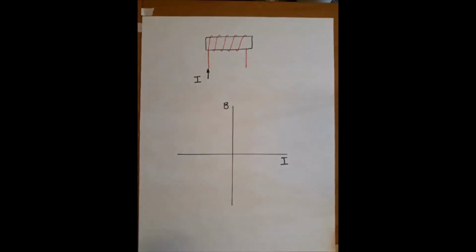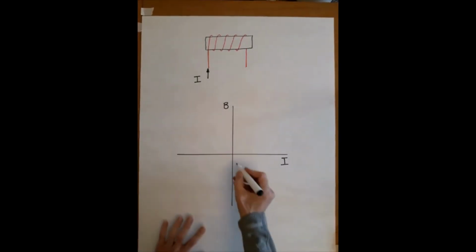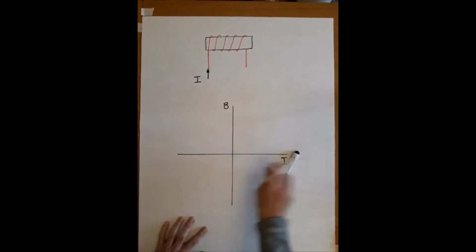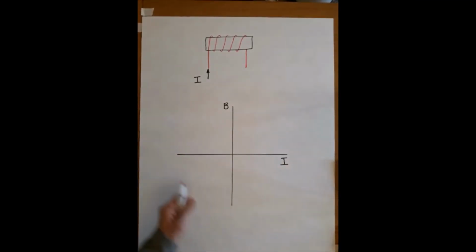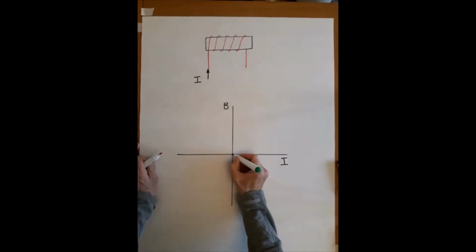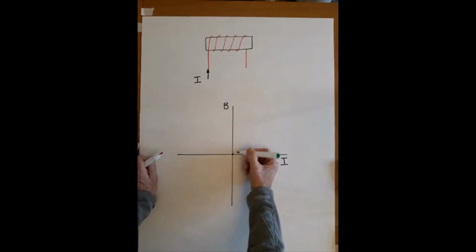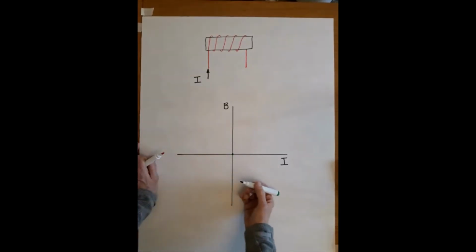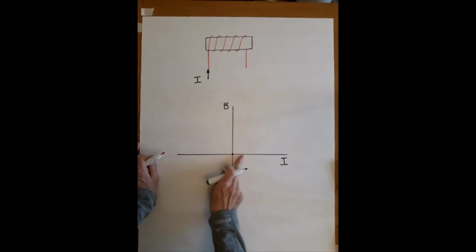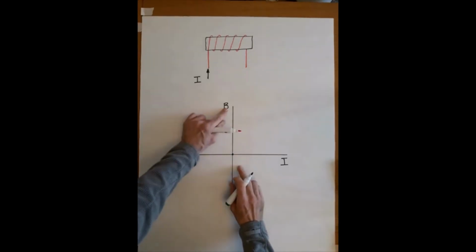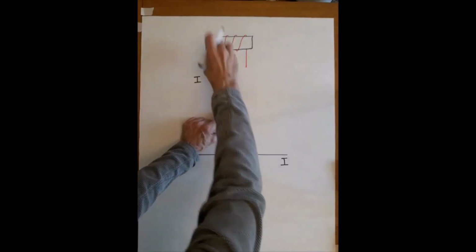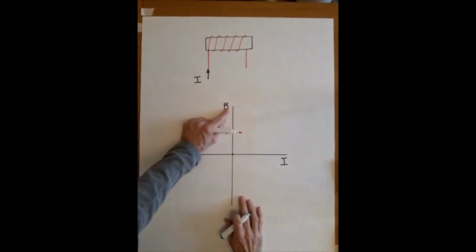That's the idea. So if we start, let's do it in a different colour, here at 0, there's no current flowing, we have no magnetism. If we increase the current positively, then we will increase the amount of flux in there and the flux density at the poles.